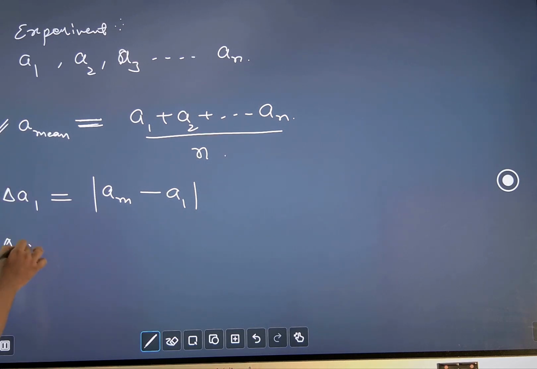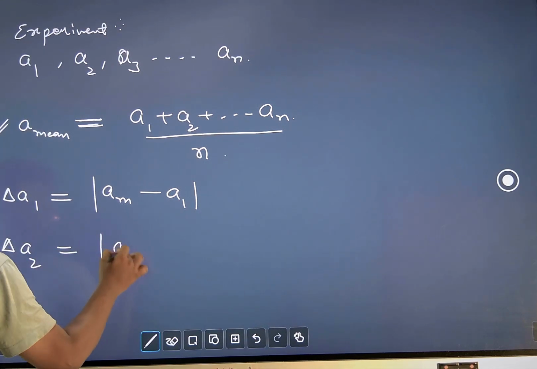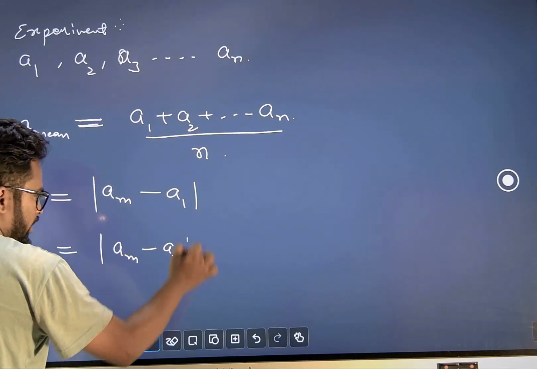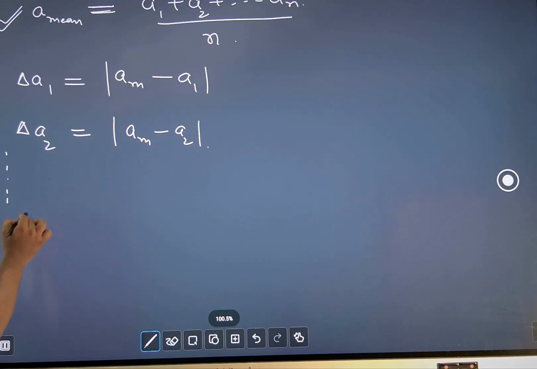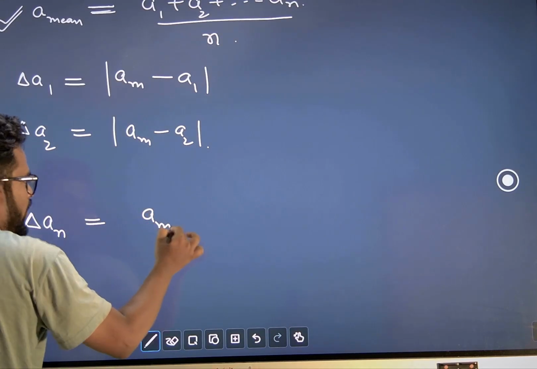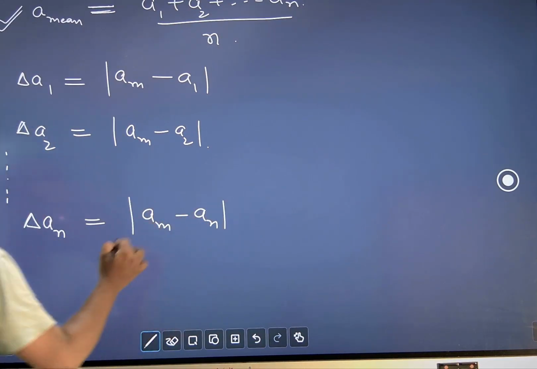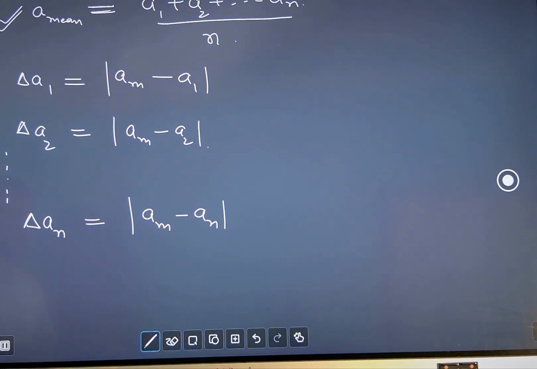Similarly, delta A2 is mean value minus A2, mod. The error in the nth value would be mean value minus the nth value of the experiment. Got it? This is my value, and these are the errors in respective values.